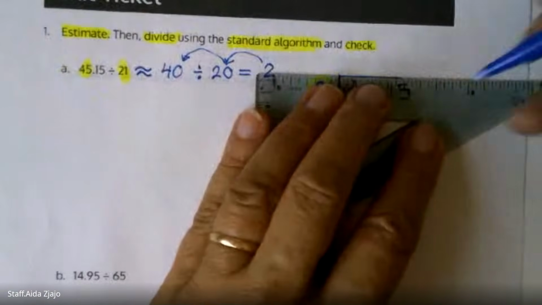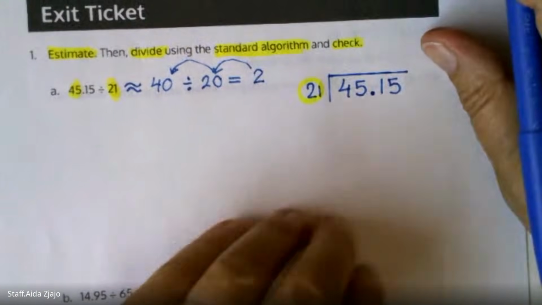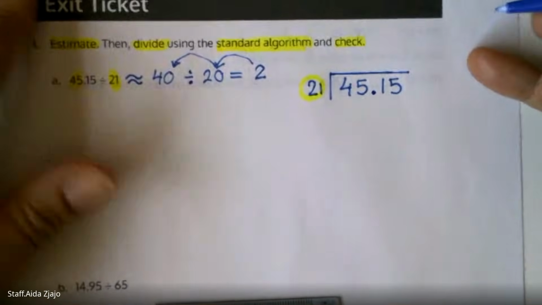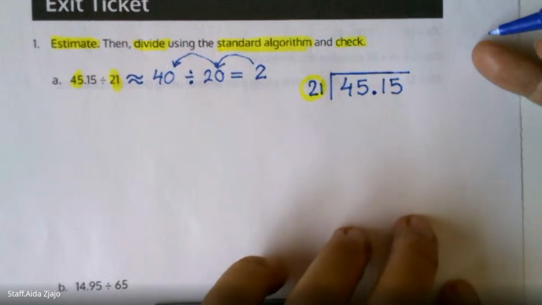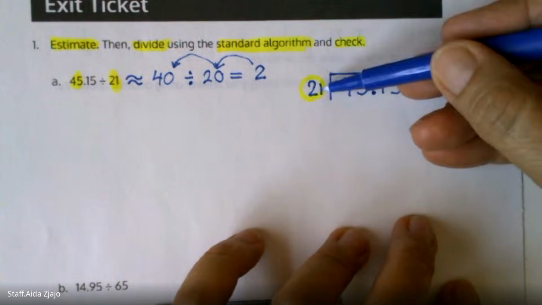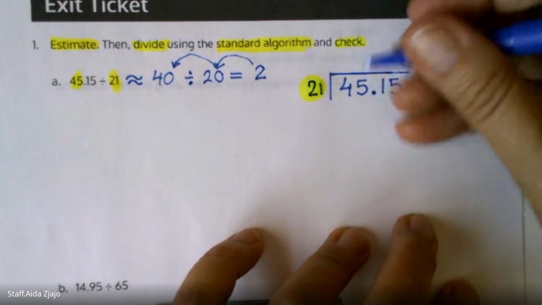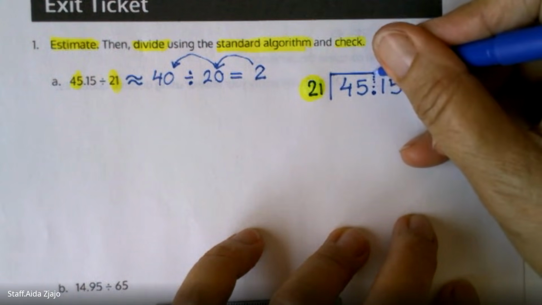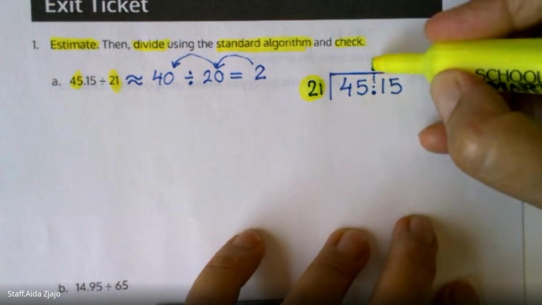When I do this, I like my kids to use understanding. If I use the procedure of a standard algorithm, I need to follow rules. And the rule says if my number is a whole group, like a group of 21, I need to make my decimal appear right above where it is in my problem.